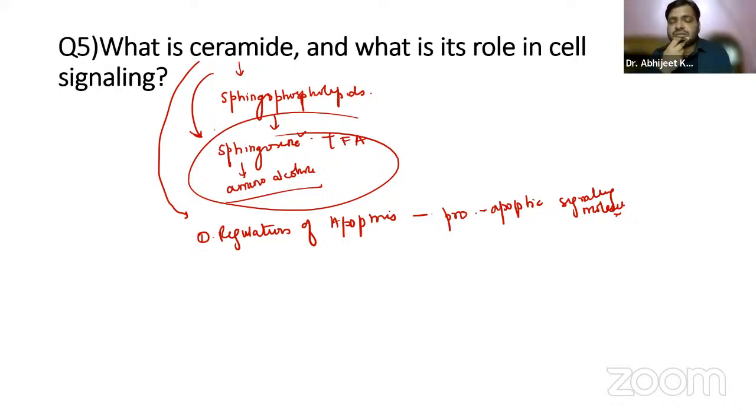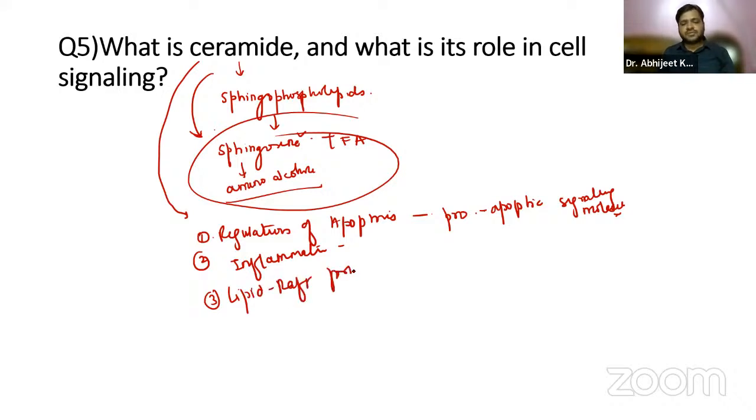such as caspases, right? Even it helps in inflammation, so it is involved in mediating inflammatory responses. Apart from that, it is also involved in lipid raft formation. We have already discussed lipid raft formation in the cell membrane. These are microdomains in the cell membrane that organize the signaling molecules.